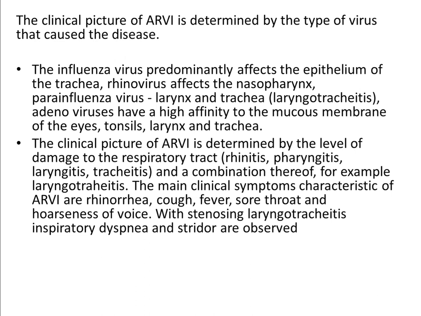So the main clinical features of influenza will be tracheitis, sometimes accompanied by bronchitis. Of rhinovirus, it will be rhinitis. Parainfluenza, it will be laryngotracheitis. Adenovirus causes conjunctivitis, first of all, and pharyngitis.